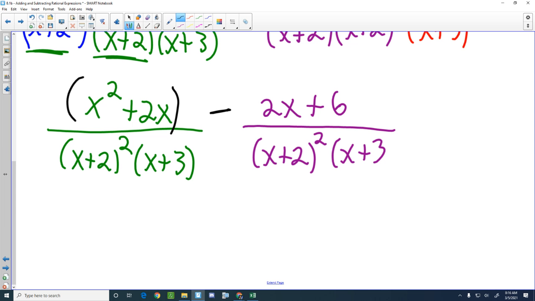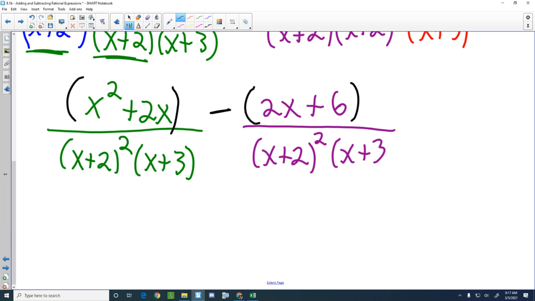Remember me talking about parentheses, how important they are this unit? Make sure you've got that in parentheses also, because when I combine those in my next step and write it as one fraction, we subtract the numerators. I'm actually not just subtracting a 2x, I'm subtracting a 2x and I'm subtracting a 6. So we're going to be subtracting both of those terms. The 2x plus 6 are both being subtracted, and so we're going to be distributing that negative sign to each of those terms.